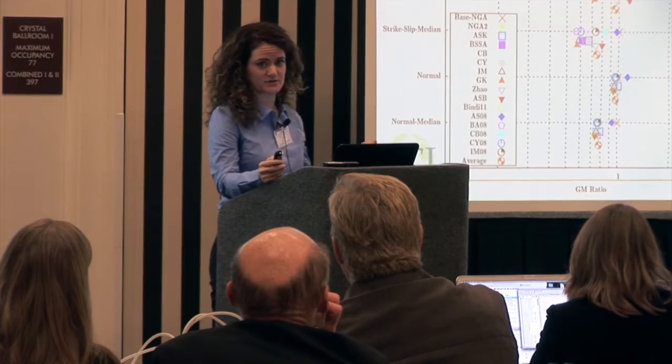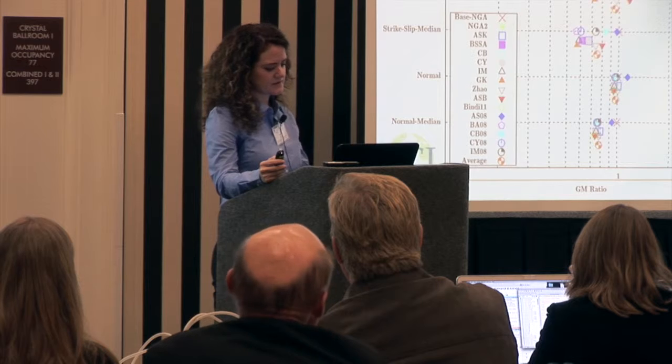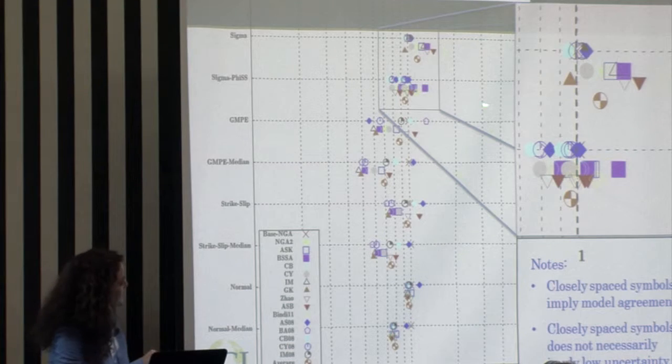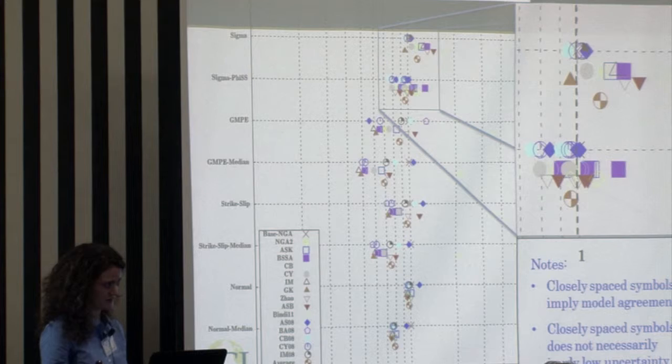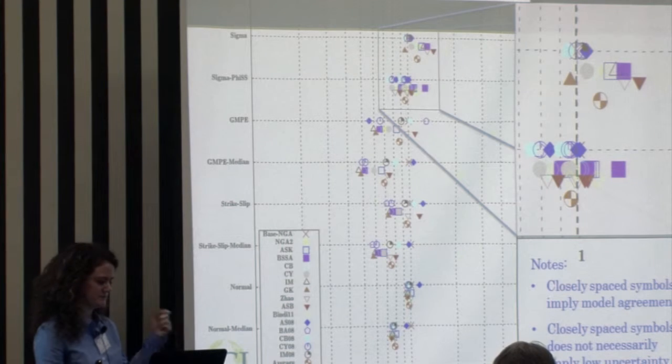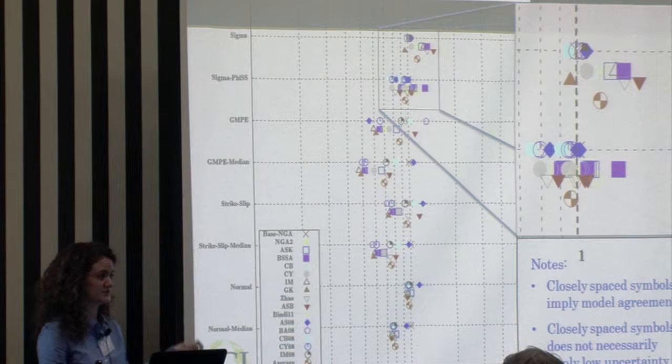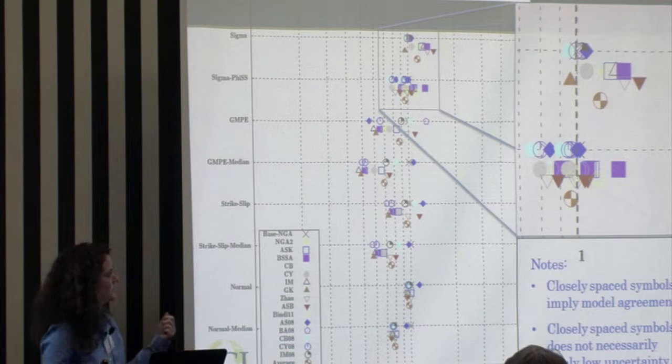So one thing I'd like to point out here, which I think is really important, is how to interpret these tornado plots: the closely spaced models congregating together doesn't mean that there's a lack of uncertainty. It just means that the models are agreeing with each other. So some people can look at the tornado plots and think, well, a close distribution means that there's a lack of uncertainty, but that's not true.